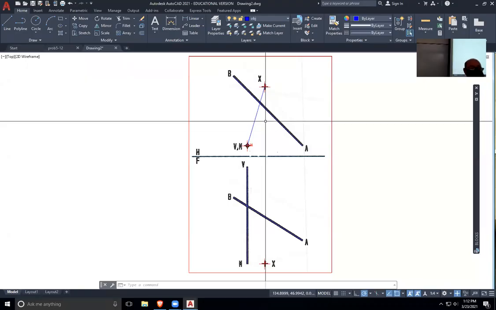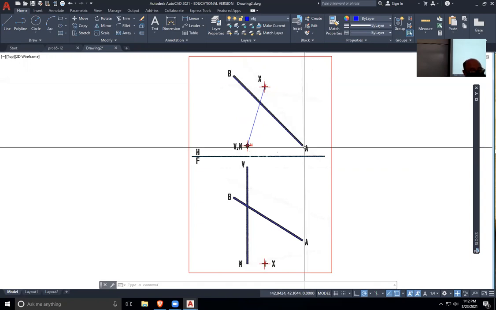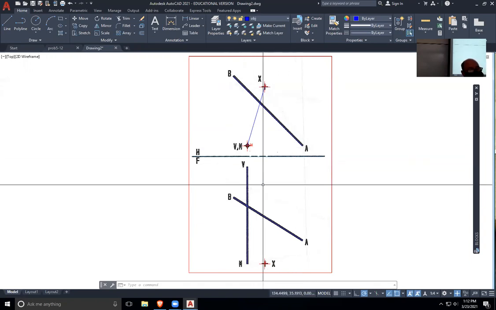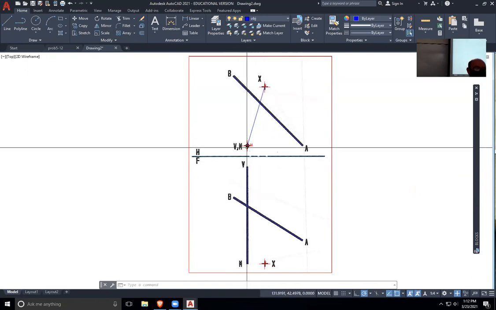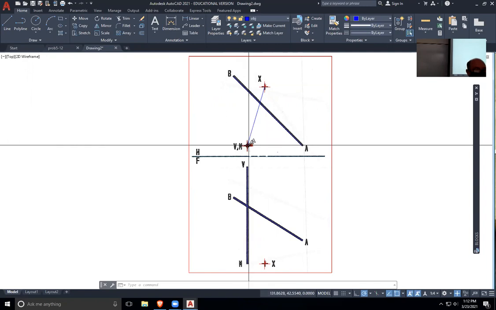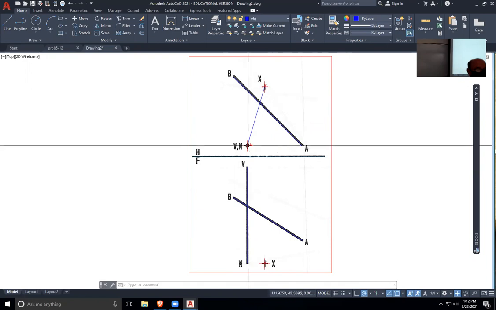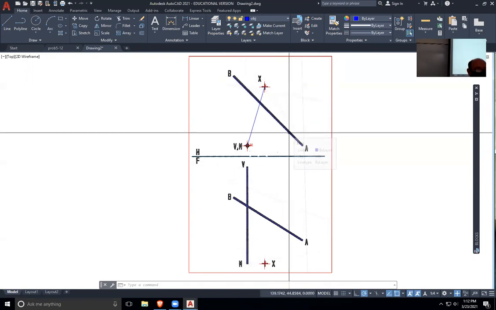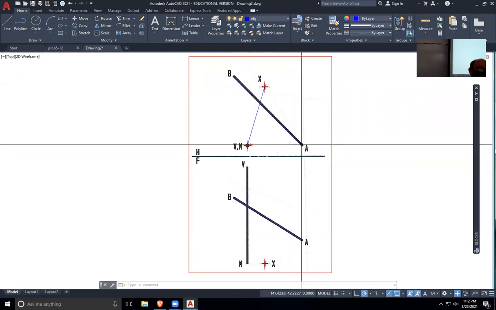You're exactly right. We want to show AB in point view, so that ultimately, whatever XY line I have here, I don't know where that is along that line. So I can't draw that in true length because I don't know where that point actually is.